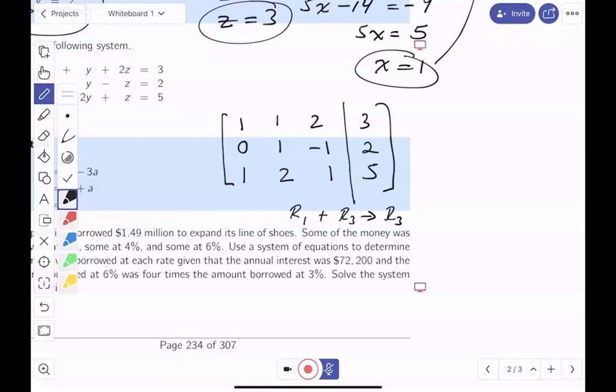So 0 plus 1 is 1. 1 plus 2 is 3. Let me have my eraser out. Erase this over here. Again, 1 plus 2 is 3. Minus 1 plus 1 is 0. 2 plus 5 is 7, right? All right, that's done. Erase this over here.